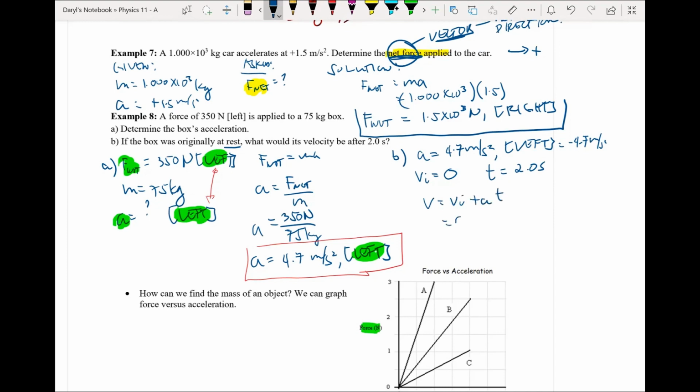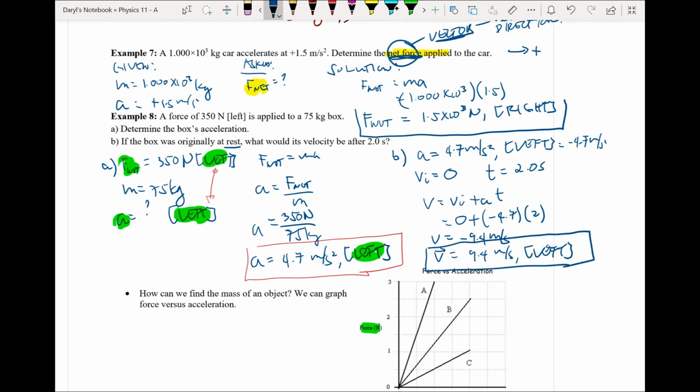So in this case, this is 0 plus negative 4.7 times 2. So the velocity after 2 seconds would give me negative 9.4 meters per second. But in terms of direction, 9.4 meters per second would be to the left. So the answer is that.